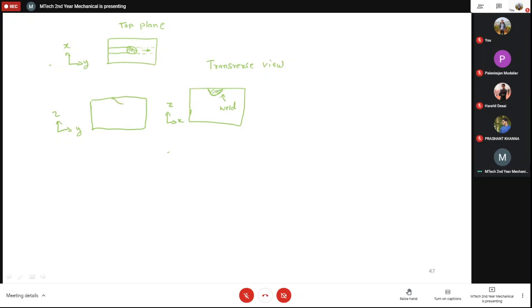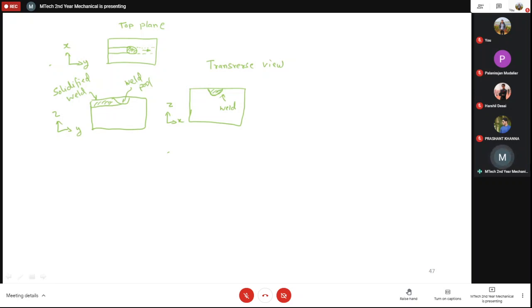This is the solidified weld, and this is our weld pool or molten pool. So based on which plane you are considering, you will get different types of information.